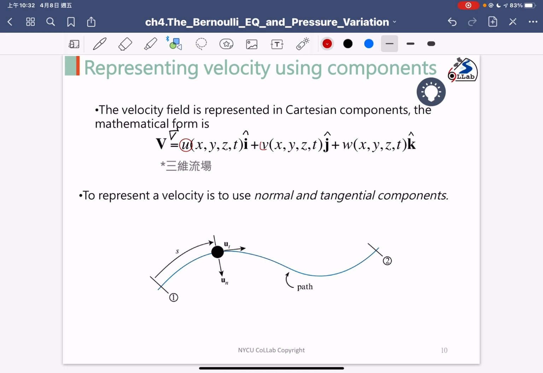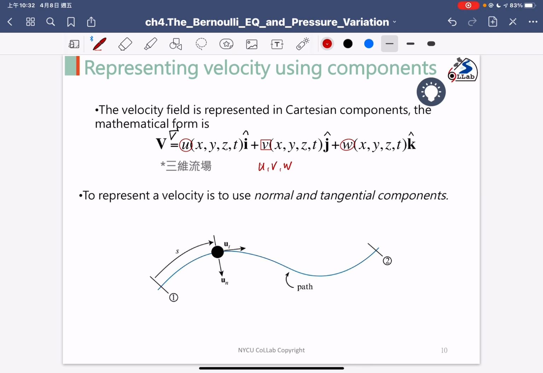We use V to indicate the velocity along the y direction, and W to indicate the velocity along the z direction. So usually we will have U, V, W, which indicate the three-dimensional velocity along x, y, and z.